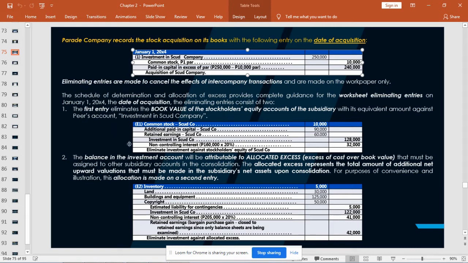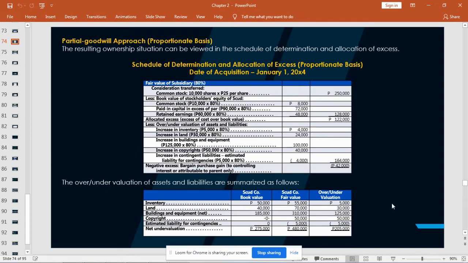Yung first entry natin eliminates the book value, okay, ng ating stockholders equity sa ating subsidiary. Okay? So our entry would be debit common stock, SCAD company 10,000, and debit additional paid in capital, and debit retained earnings.